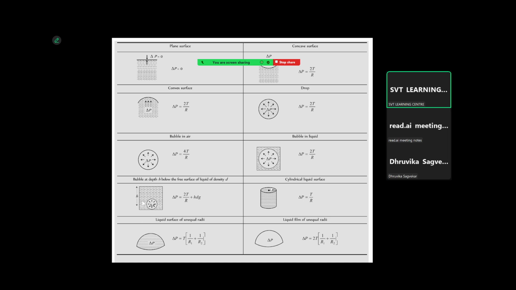If inside it is air and outside it is liquid, it will have atmospheric pressure plus the pressure due to the liquid inside. So all these configurations of the liquid and their respective change in pressure are given. Make a note of it and then I'll go ahead.